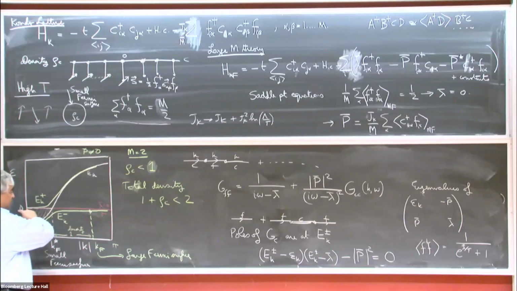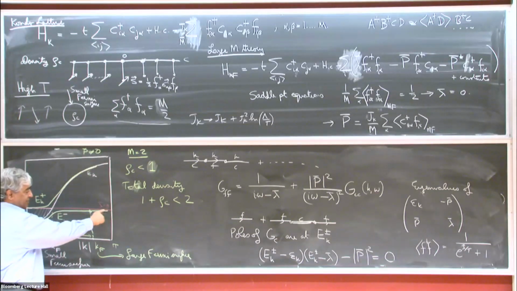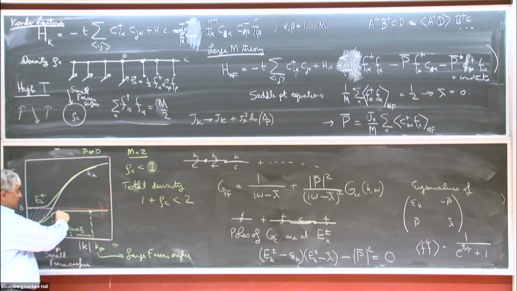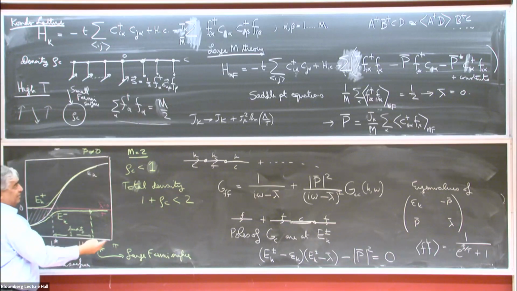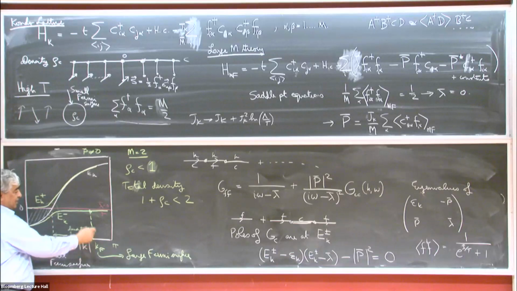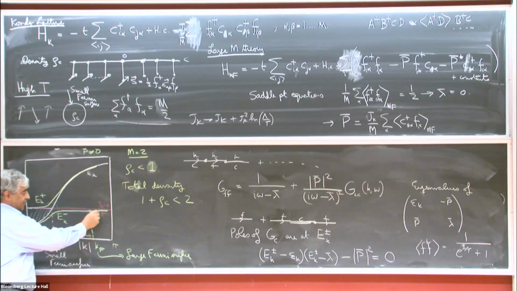This F band was completely flat, that's the red line, and it acquired a little bit of dispersion, but it has a lot of dispersion here. The curvature is very large, but once you get out here, it has hardly any dispersion because it's very far away from the mixing point. And it's forced to go out there by the counting of the total number of electrons. So it has to go out there, and this line is essentially flat.